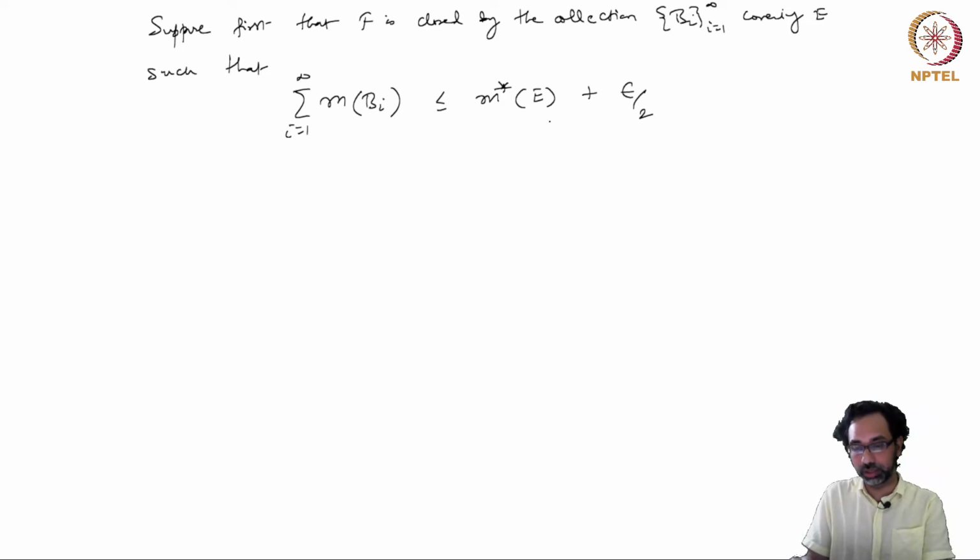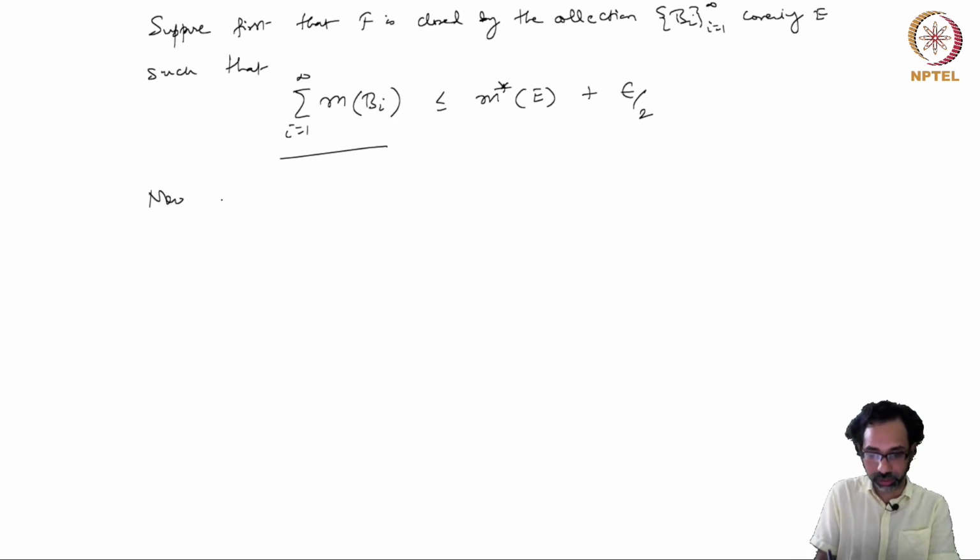So we can choose such a countable collection of boxes Bi covering E such that the infinite sum is bounded above by m*(E) plus epsilon by 2.